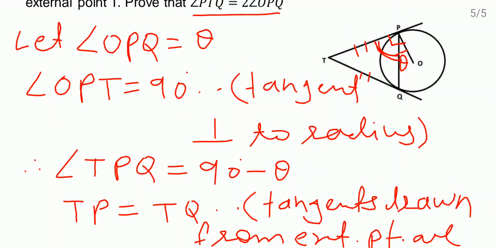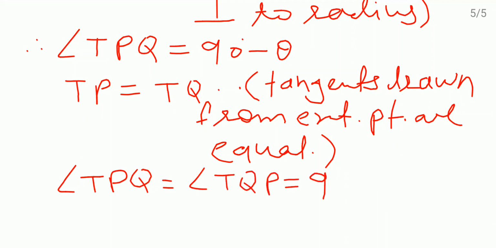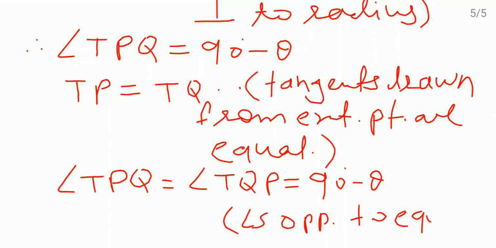Angle TPQ and angle TQP. This angle and this angle, they will be equal, right? So here I'll write down, therefore angle TPQ is equal to angle TQP, which is equal to 90 degrees minus theta, and the reason is angles opposite to equal sides.